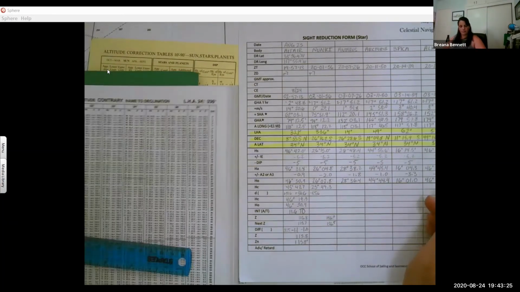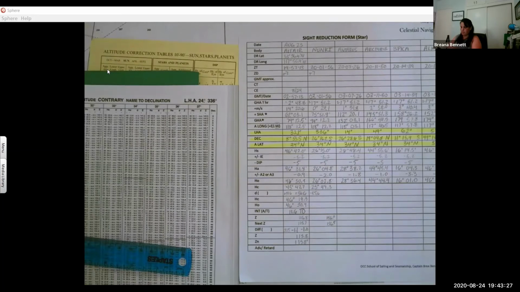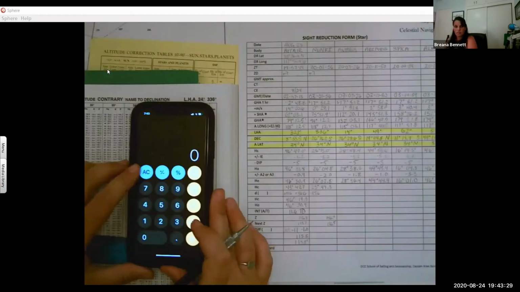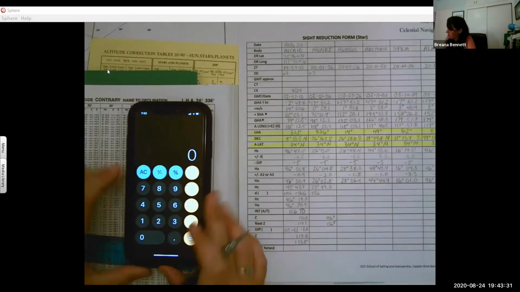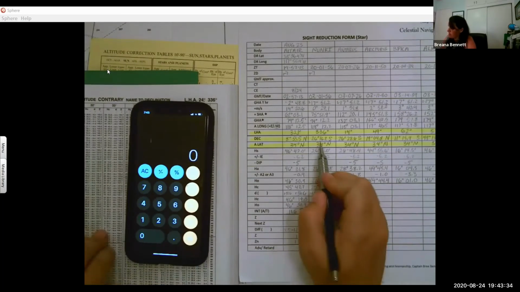Okay. My remainder on my declination was 16.2.